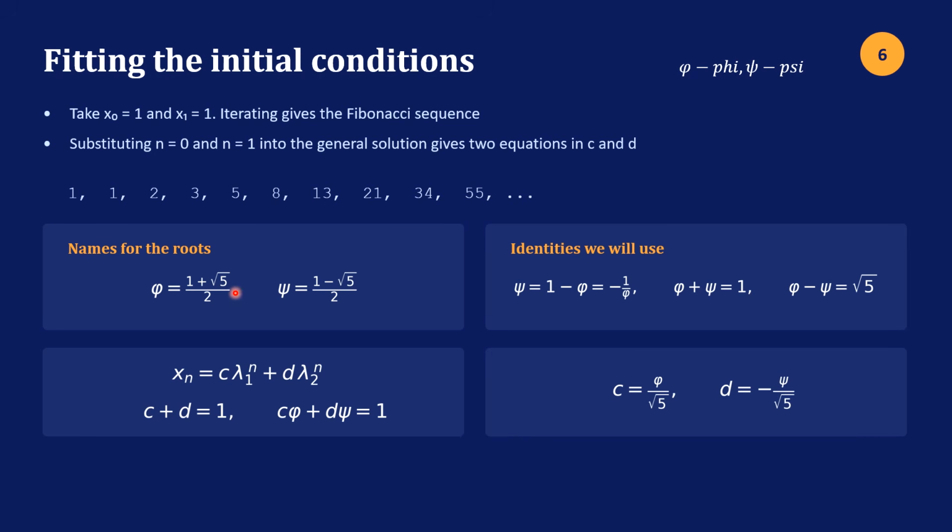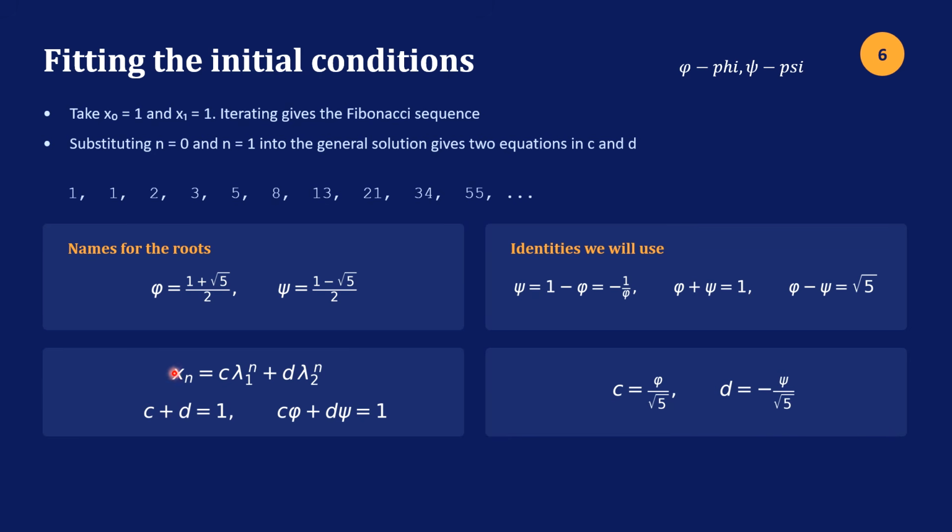If you subtract them, the minus 1, the 1/2 cancel, and you just get the square root of 5. If you take 1 minus this, you get psi. And then this one here, you need to do a little bit of work. If you take the negative of this and the reciprocal, then you need to multiply it by 1 minus the square root of 5 on the top and the bottom, and then do some algebra, and you'll see that these two are equal here.